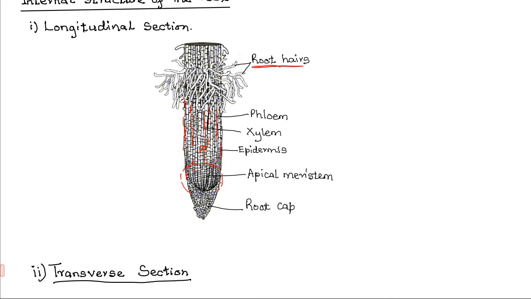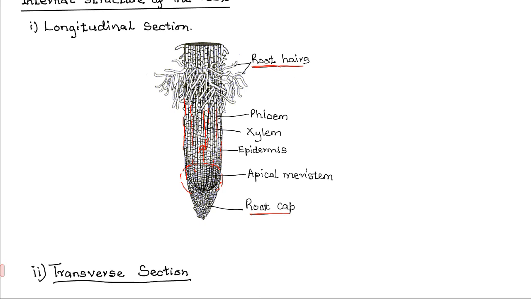At the terminal end of the root, there is a root cap. The root cap consists of simple parenchyma cells that protect the apical meristem as the root tip pushes past the soil particles.